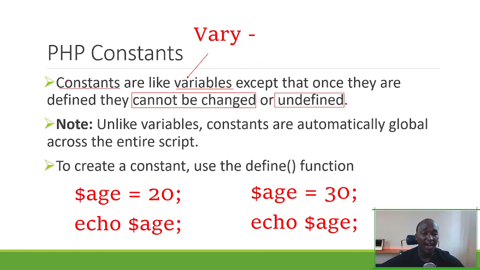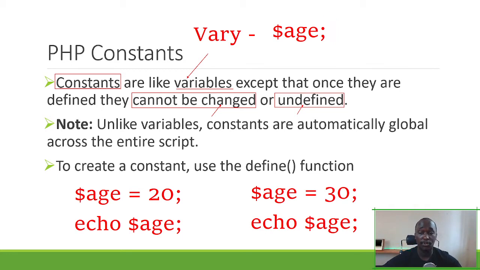Otherwise, for a constant, please remember these two things. A constant cannot be changed, number one, and it cannot be undefined. What does that mean? For a variable, you can create a variable like age and not assign a value to it, but you cannot do that for a constant.